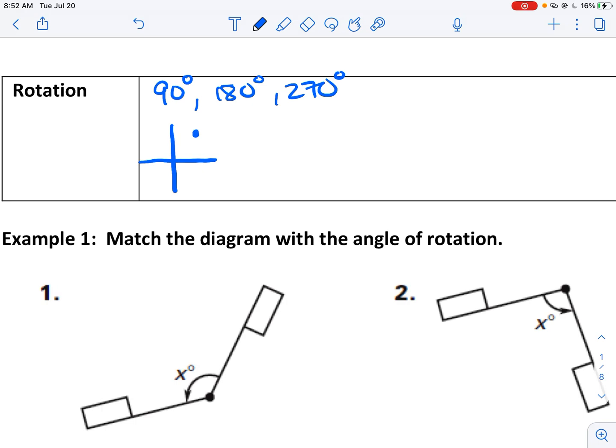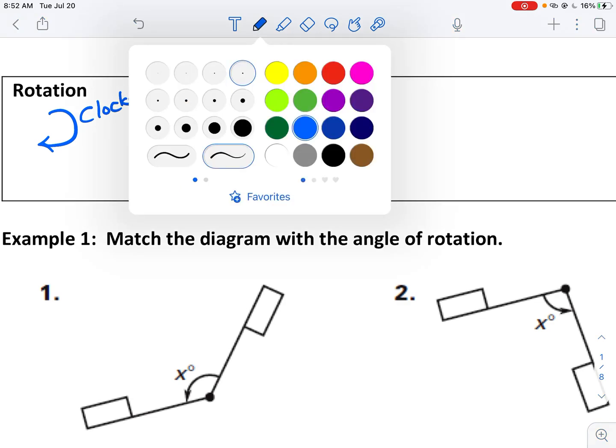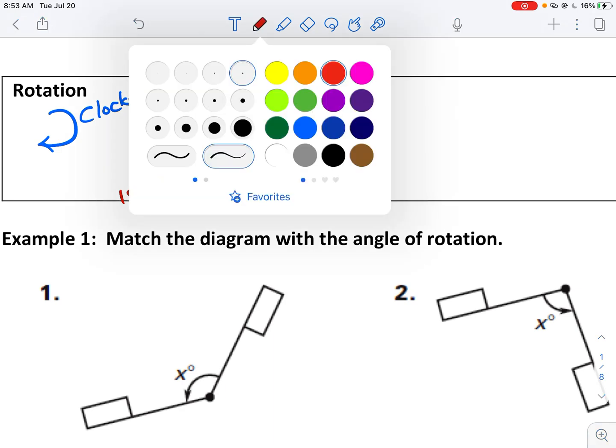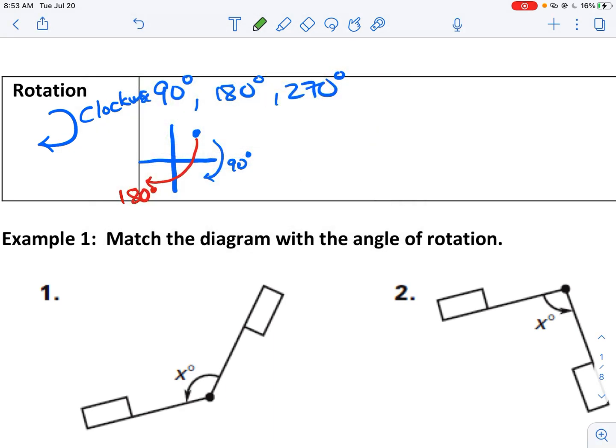So if I start in quadrant 1 and I was to go clockwise, okay, if I went clockwise, this would be 90. This would be 180. And this would be 270.